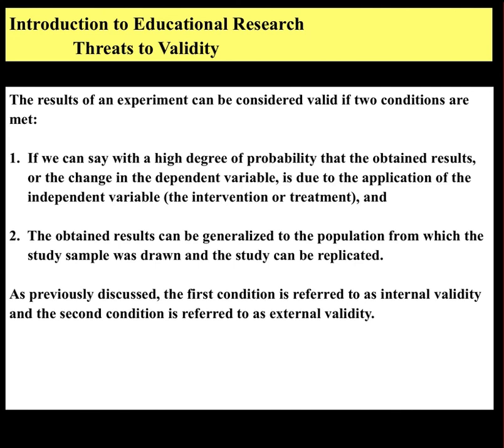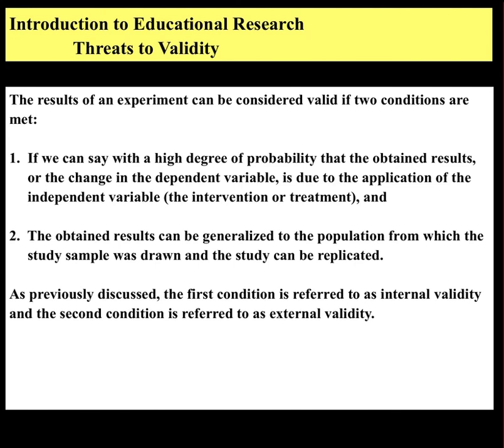Just to review, we've gone over the independent variable, which is a treatment or intervention, and the dependent variable, which is what the researchers are measuring, what they're trying to change. We talked about extraneous or confounding variables, which present threats to the internal and/or external validity of a study.